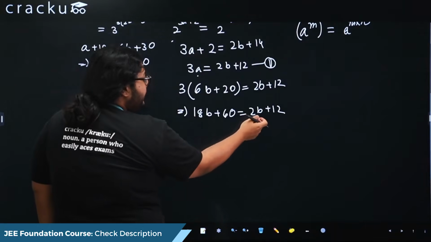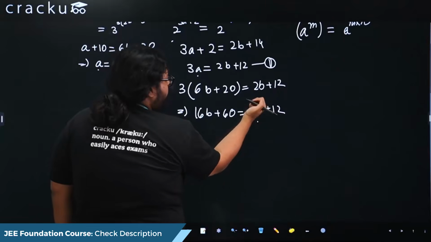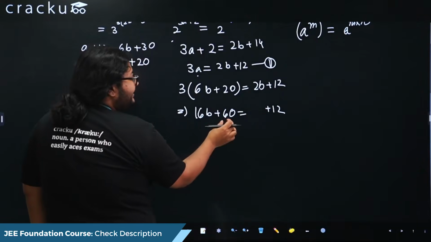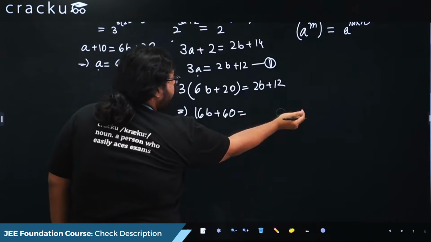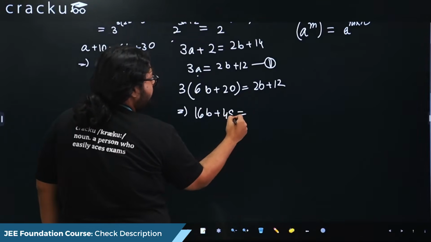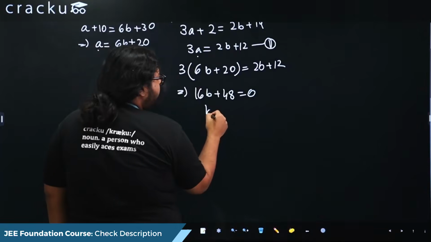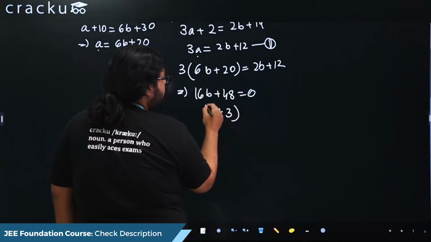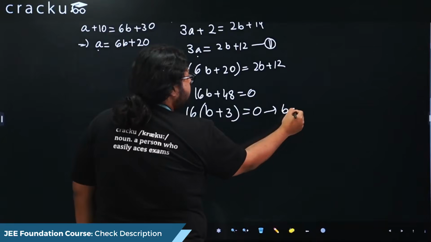Now 18b minus 2b is 16b. And 60 minus 12 is 48. This is equal to 0. 16 3s are 48. So b plus 3 into 16 is equal to 0.